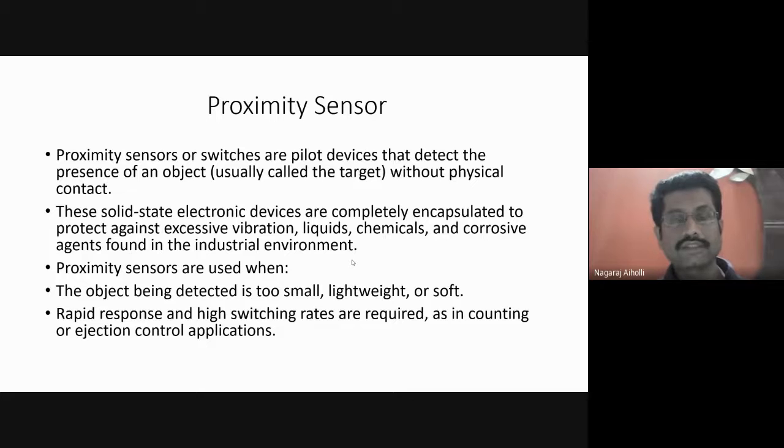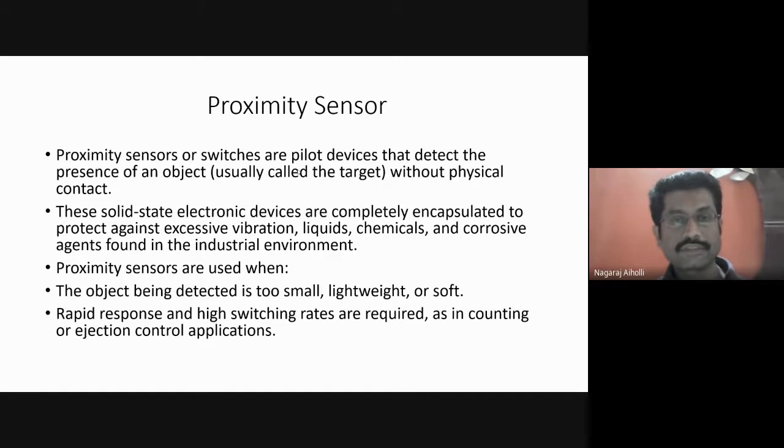Based on the distance, these sensors convert the sensed signal into an electrical signal, and based on the electrical signal, they detect the presence or the absence of the object. If the target object is present, the nature of the electrical signal is different. If the target object is absent, the nature of the electrical signal of the sensor is different.